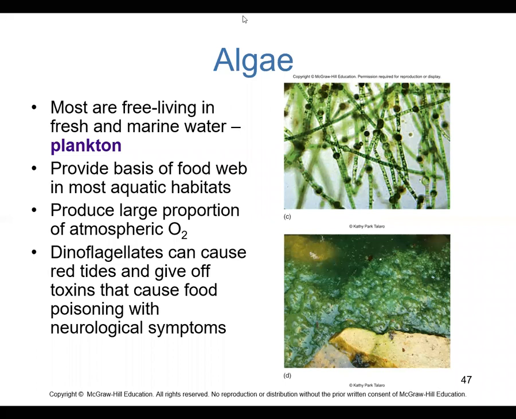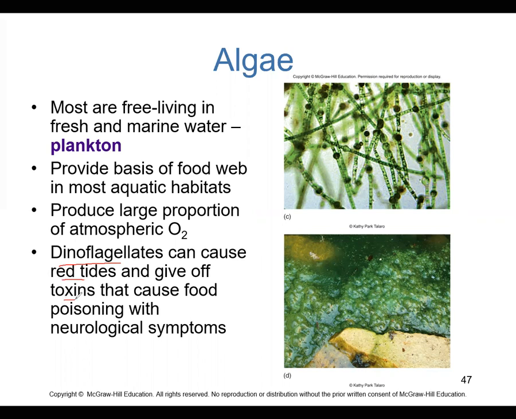By far the majority of these are free living. We don't normally get any illnesses from these, but we can, mainly from the dinoflagellates, because when you have runoff, you can have what we call a bloom, a red tide, and because of the pigments in them, it gives them a red color.